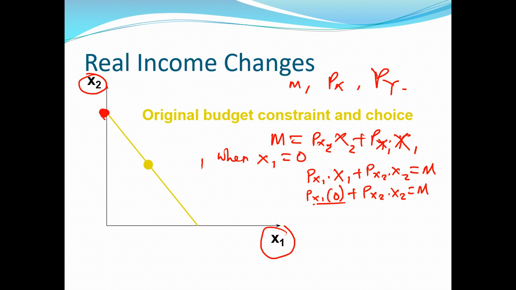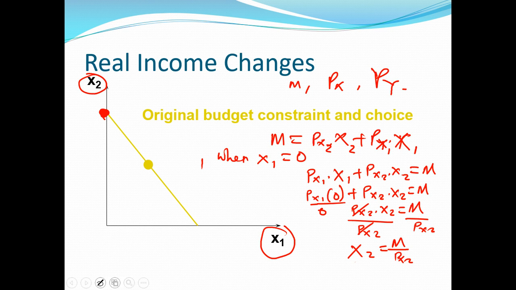Therefore, this part here is just 0. So price of good x2 multiplied by x2 is exactly equal to your income. If we divide throughout by price of good x2, we cancel those, meaning that at max you can consume M over price of x2 units of good x2.